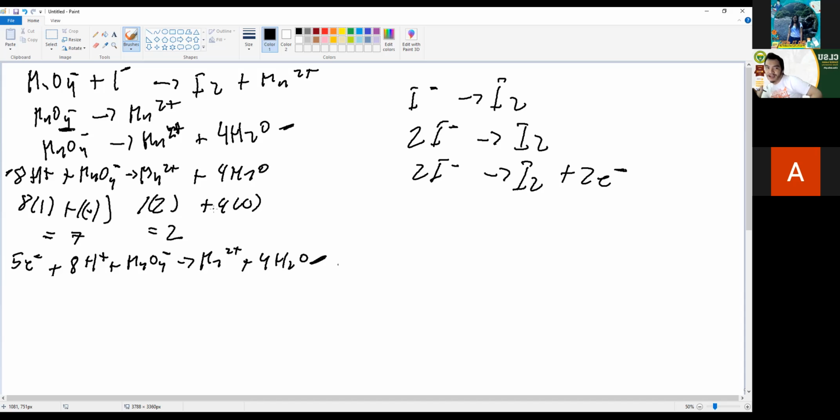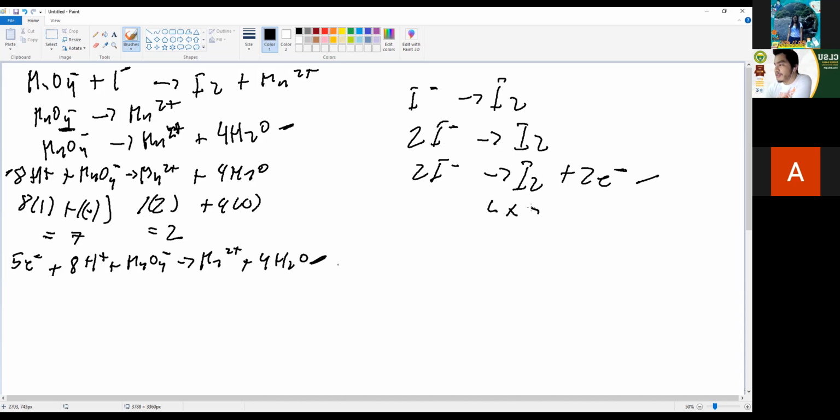Kung yung isang half reaction is sa right ka naglagay, dapat sa kabilang half reaction, sa left ka maglalagay. So, yun yung mga trend. May trend naman, may pattern. Yun, kita nyo, nakita ko agad siyang mali kasi parehas sa left side. Ayun. So, balance na ito. So, since ang electrons nito is 2, and as I've said earlier, dapat whole number ang multiply natin.